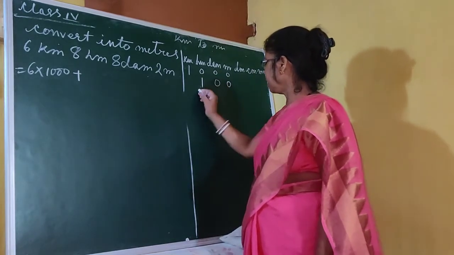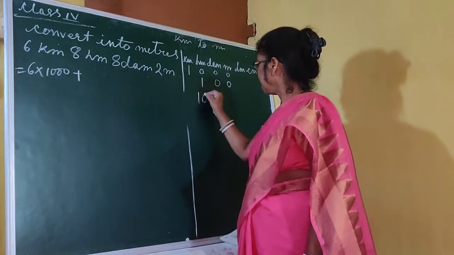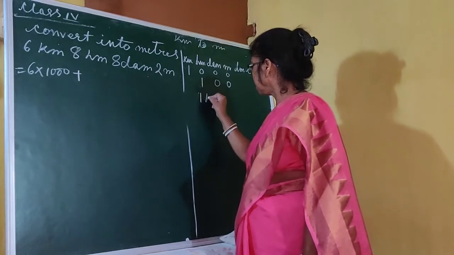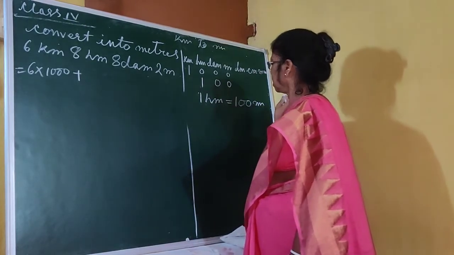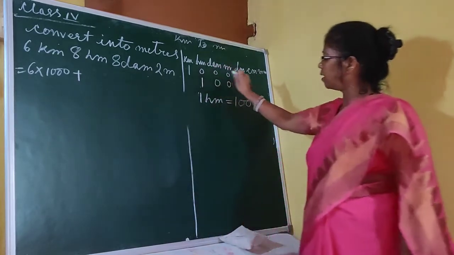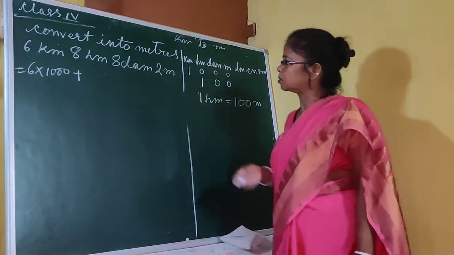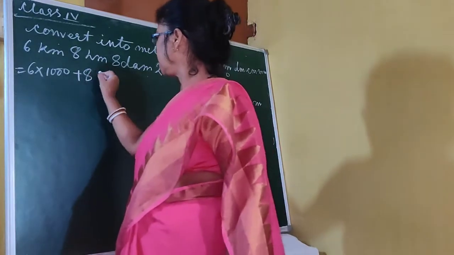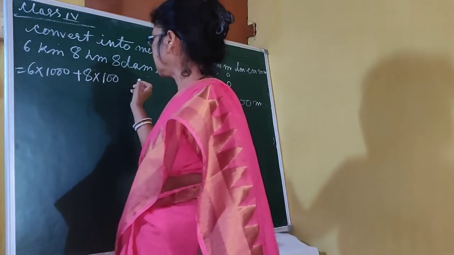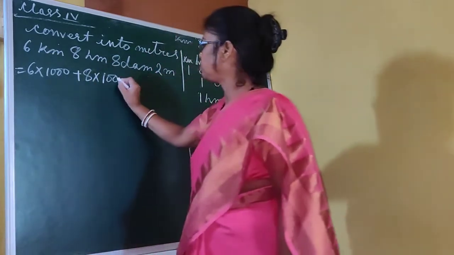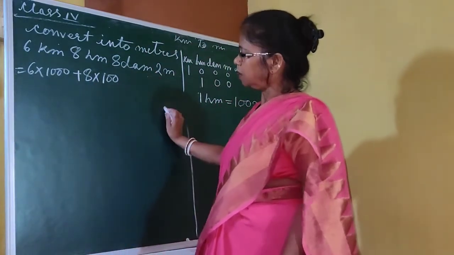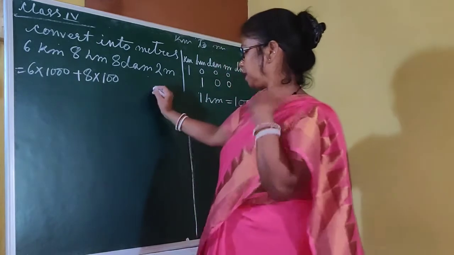So 100. 1 hectometer equal 100 meter. From the table, on this line you will get it. So this one, 8 into 100. It will be meter. All converting to meter. The unit will be meter, so at last you can write the answer in meter.